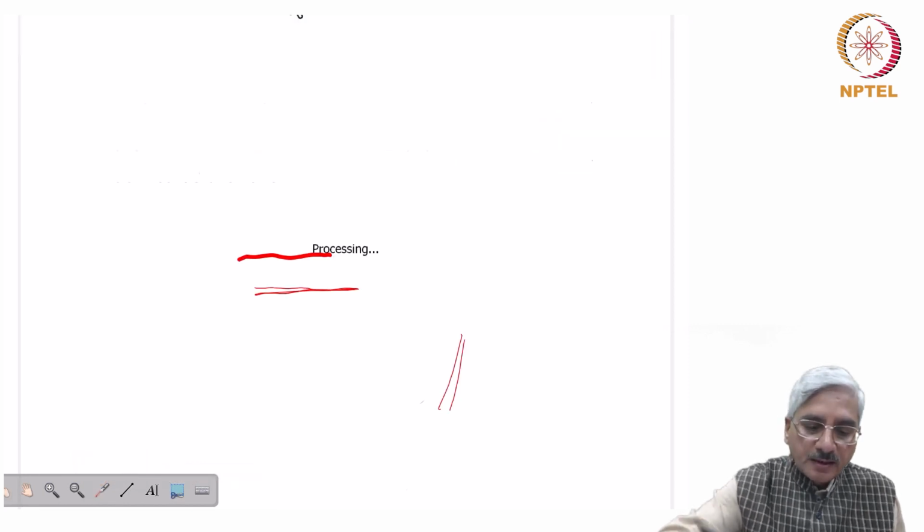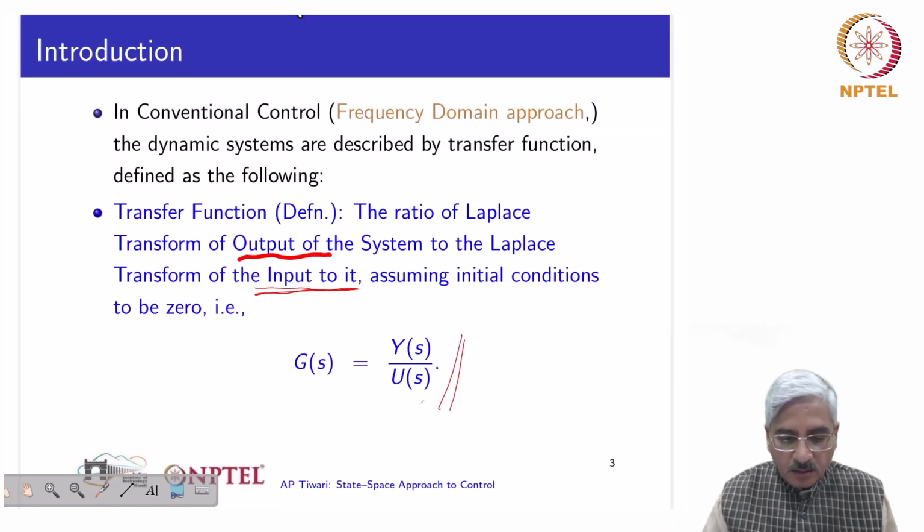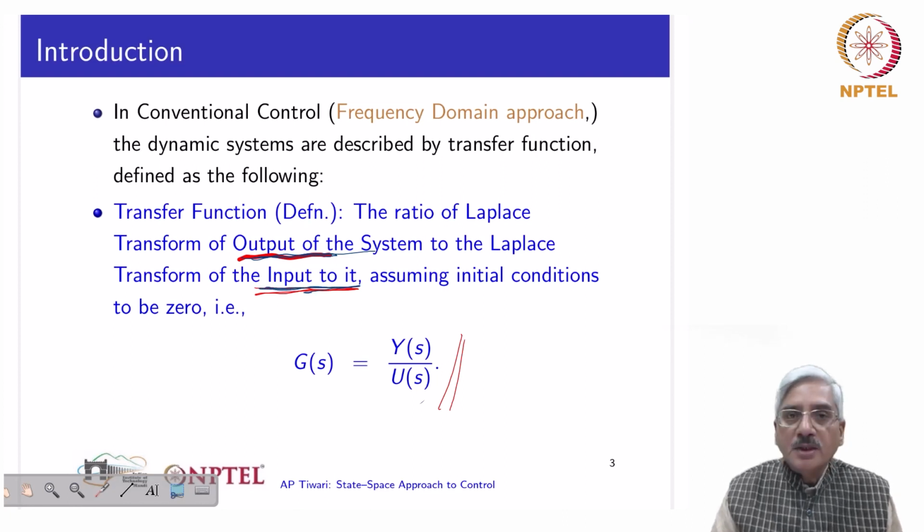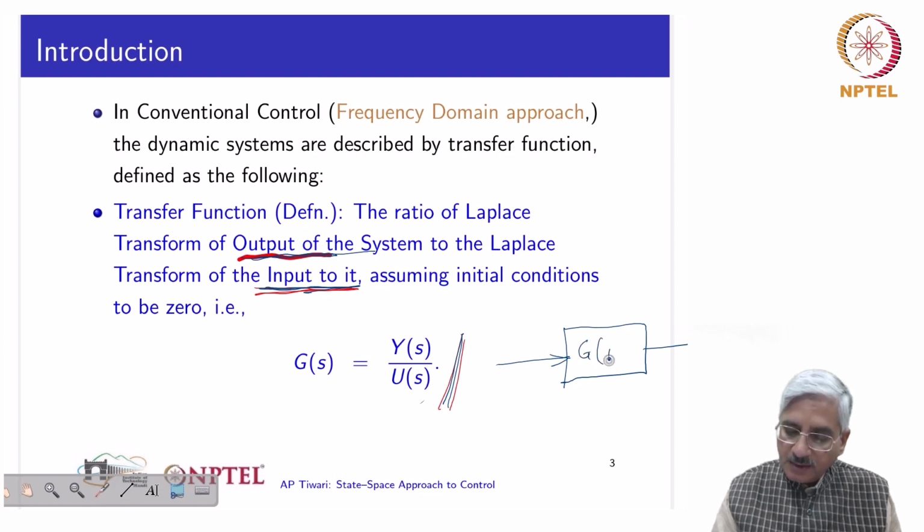It is defined as the ratio of the Laplace transform of the output of the system to the Laplace transform of the input of the system, or this ratio G(s) is Y(s) by U(s). And you might have come across this kind of block diagram in which we have the transfer function G(s), the output Y(s) here and the input U(s) here.